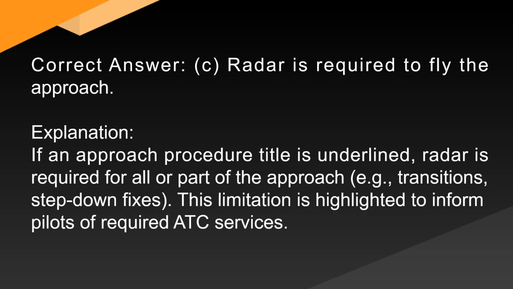Correct answer: C. Explanation: If an approach procedure title is underlined, radar is required for all or part of the approach, e.g., transitions, step-down fixes. This limitation is highlighted to inform pilots of required ATC services.